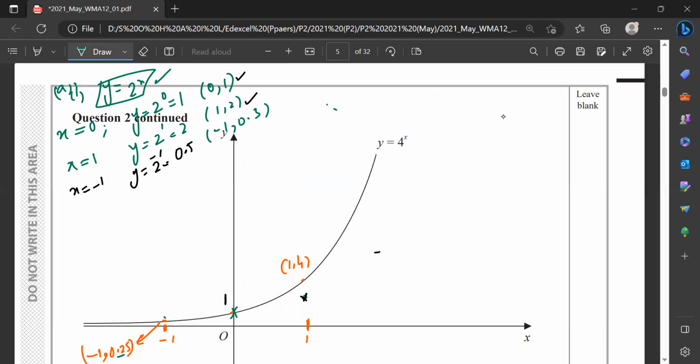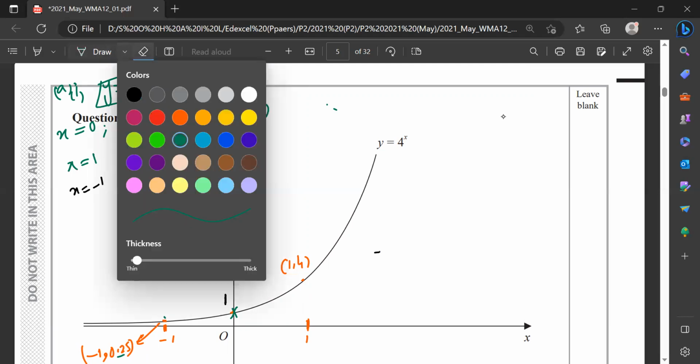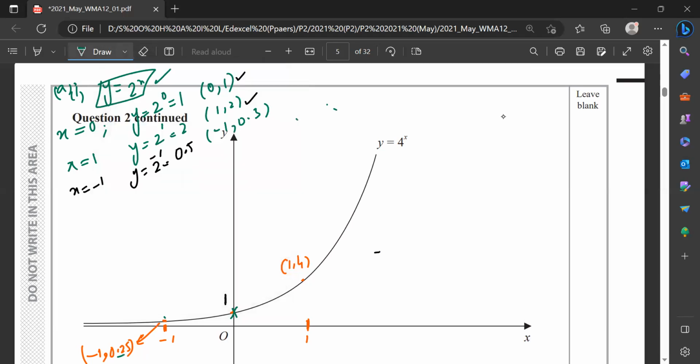Using these green points here, you can draw a sketch of the graph. Passing through these points, let me draw the right part first, and then we can draw the smooth curve, because y equals 4 to the power x is a smooth curve.